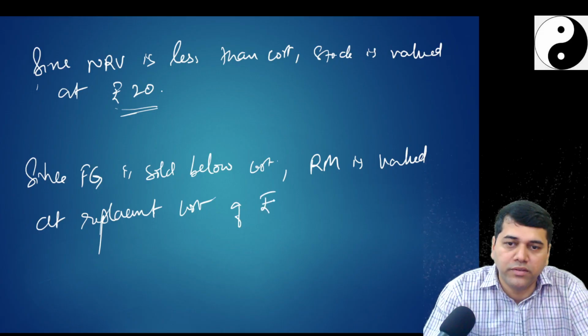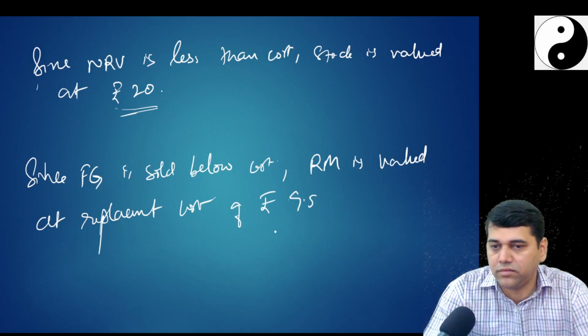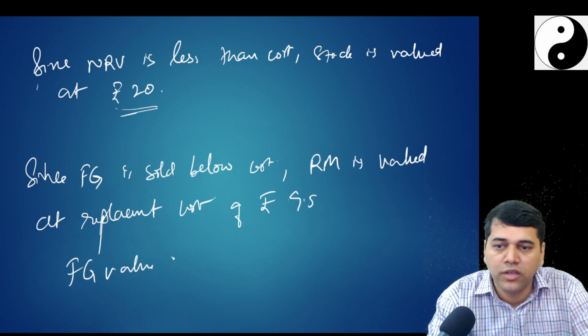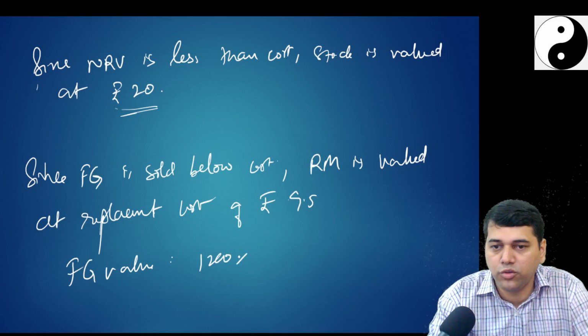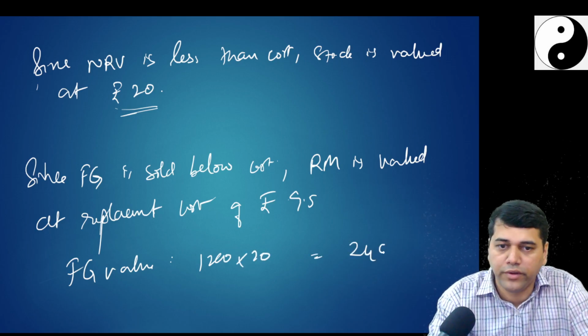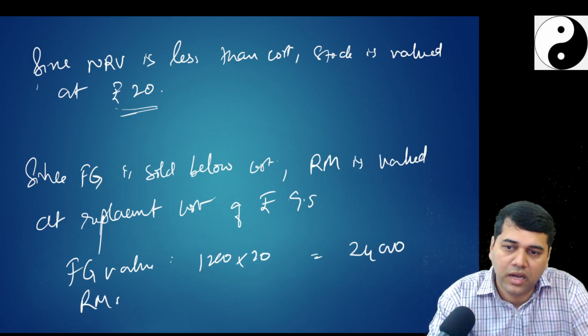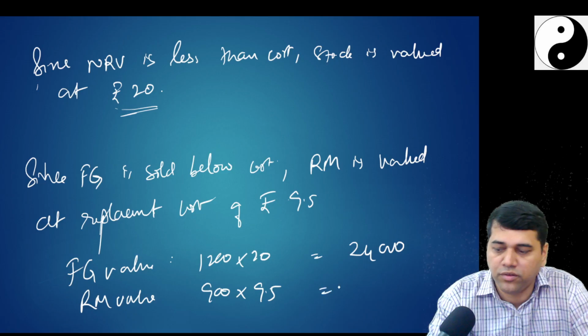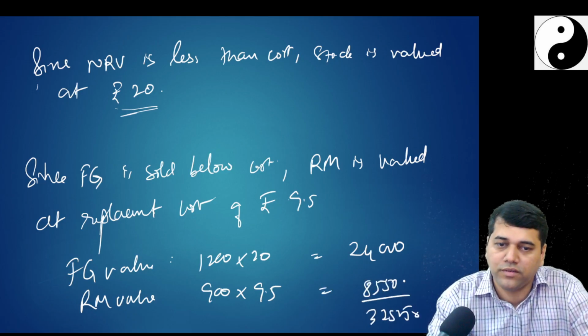Therefore, FG value is equal to 1200 into 20, 24,000. RM value is 900 into 9.5, which is 8,550. Total 32,550.